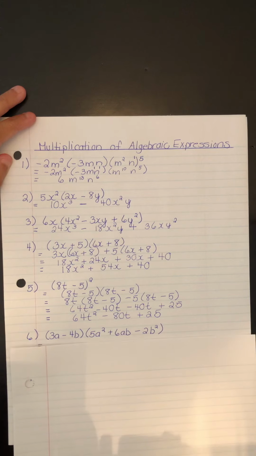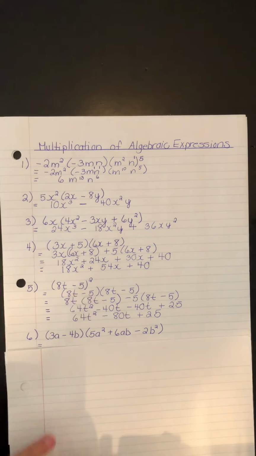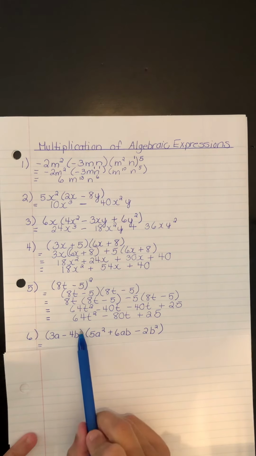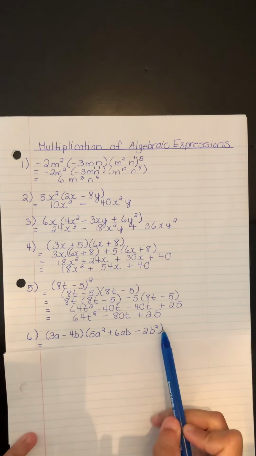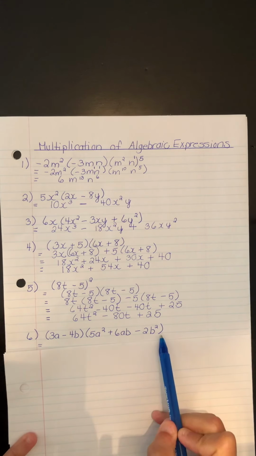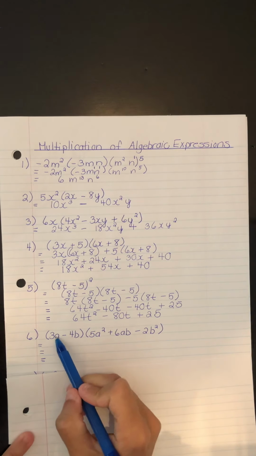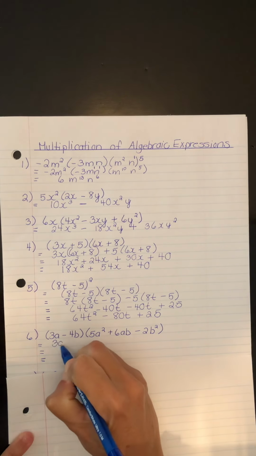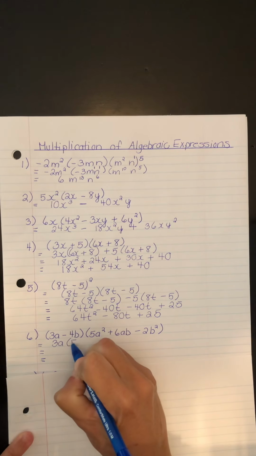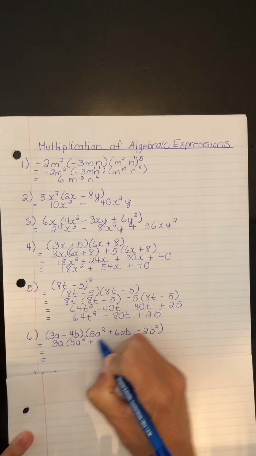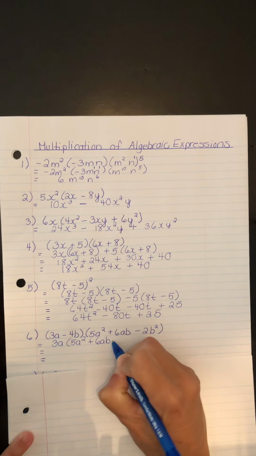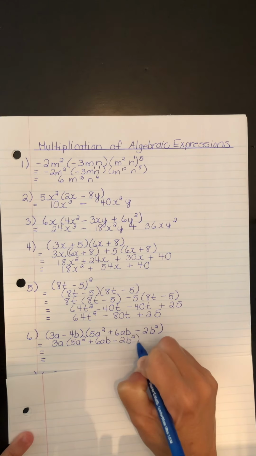Okay, let's look at example 6. All right, so example 6 starts with a binomial multiplied by a trinomial. So we take the first term of the binomial and we will multiply it by the trinomial.